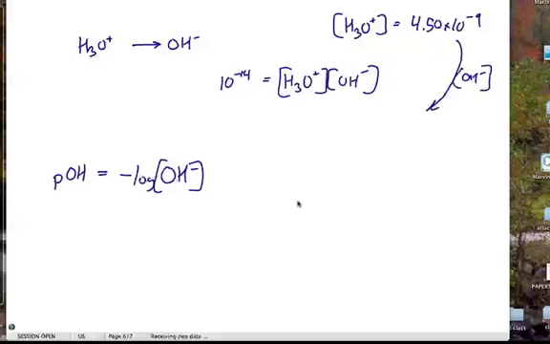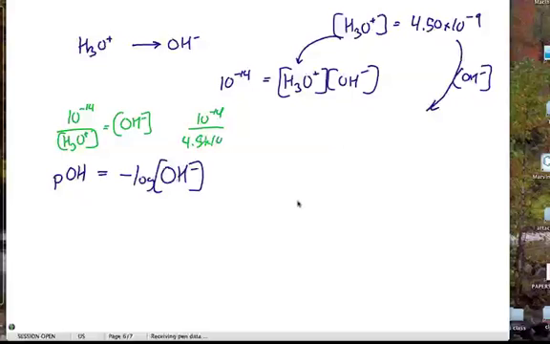Well, we would use this equation. We'd plug in our H3O plus, rearrange and solve. 10 to the negative 14th divided by H3O plus concentration equals our OH minus concentration, or 10 to the negative 14th divided by 4.5 times 10 to the negative 9th.